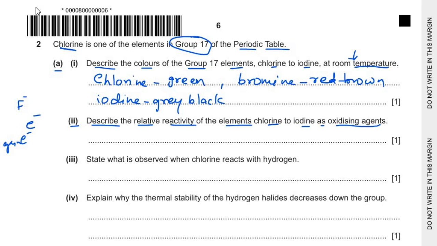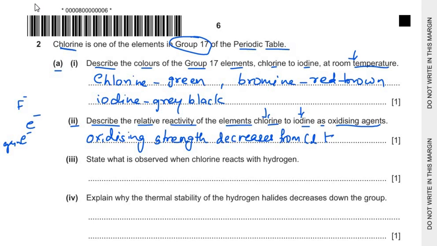So if we are talking about chlorine to iodine, the oxidizing strength, or you can say oxidizing capacity, decreases from chlorine to iodine.